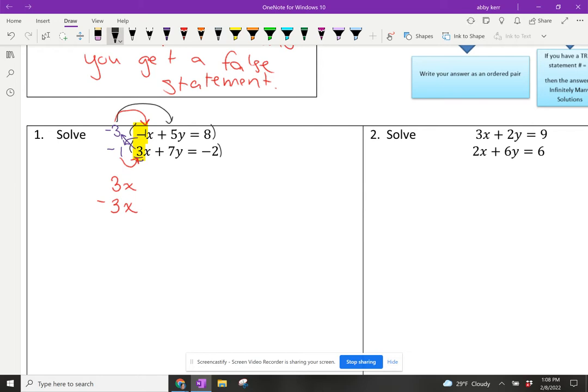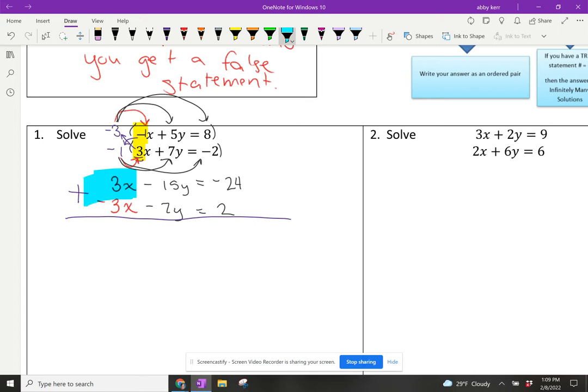Now continue distributing. Multiply and get negative 15y, and all the way over the equal sign, we're going to get negative 24. Now in the third step, we are adding. The reason why we're adding is because we're eliminating.